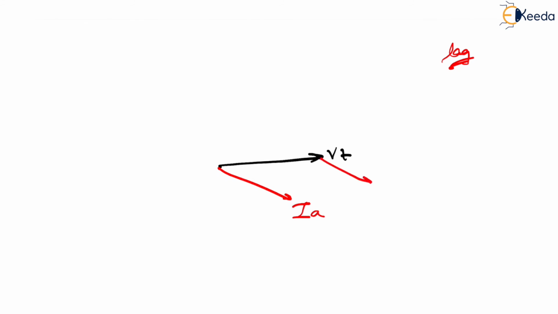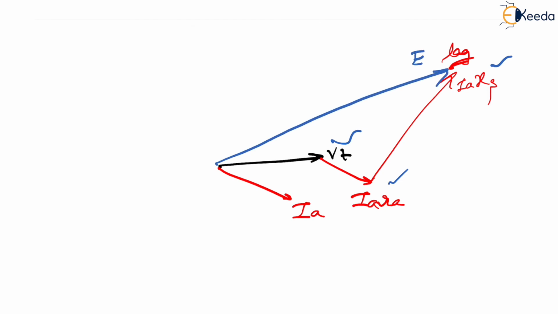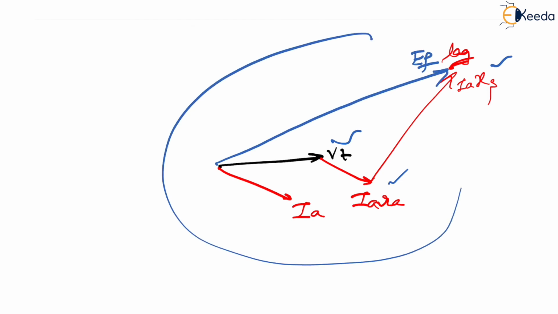You get IARA drop, Vt plus IARA drop plus IAXS. Now it is not XAL, rather it is IAXS drop. Correct. Now if you add them, what do you get? Vt plus IARA plus IAXS, you get EF.